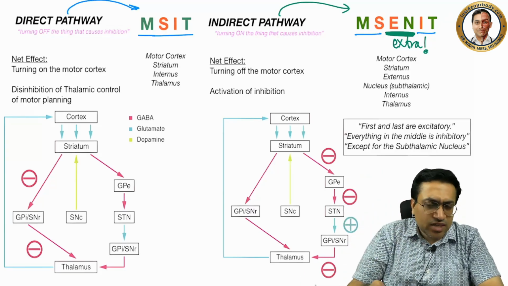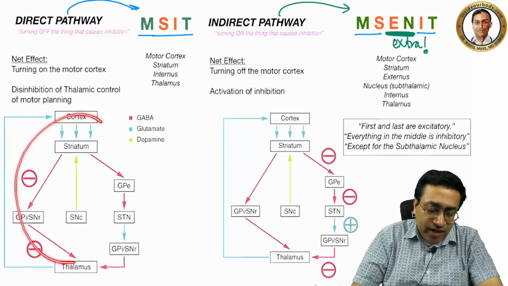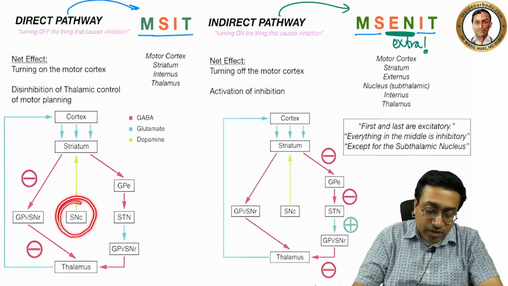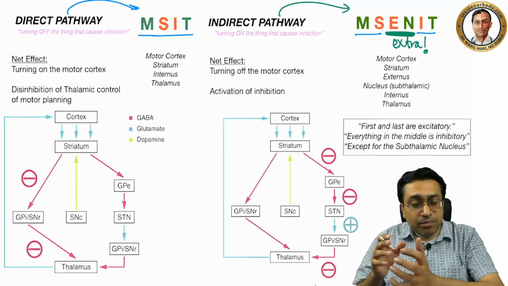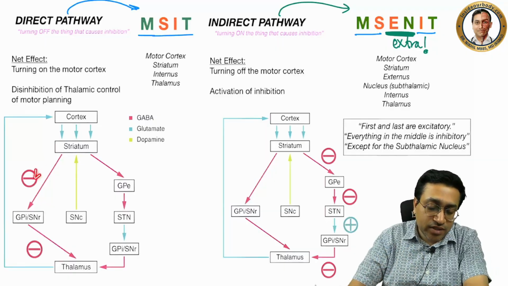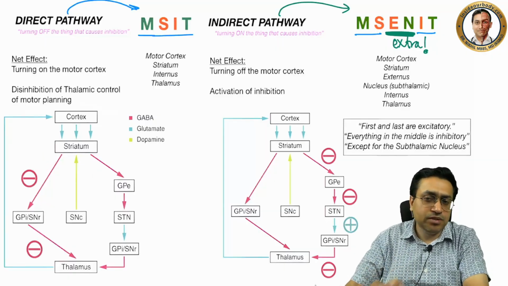So just understand that way, that in this direct and indirect pathway, dopamine with the help of the Substantia nigra, this nigrostriatal pathway, is helping as a smooth coordination of these activities of the direct and indirect pathway, simply put.